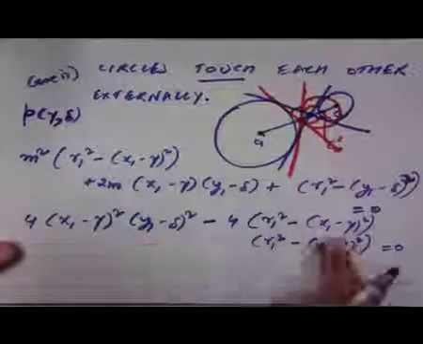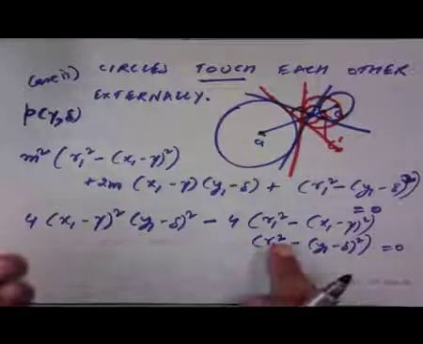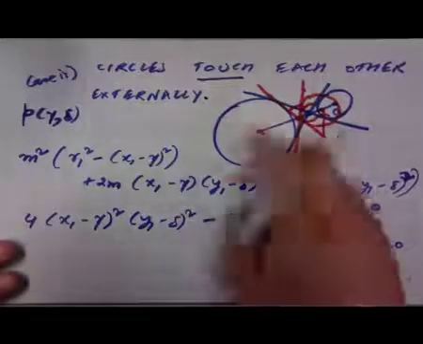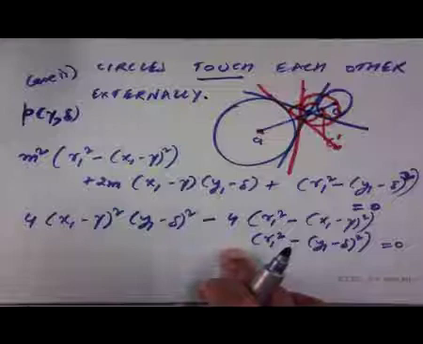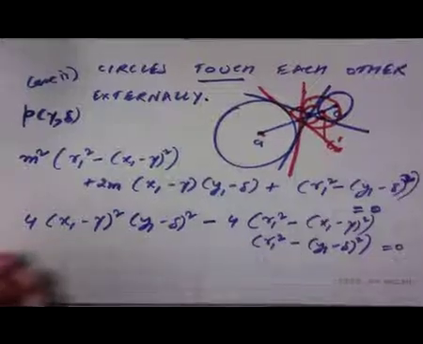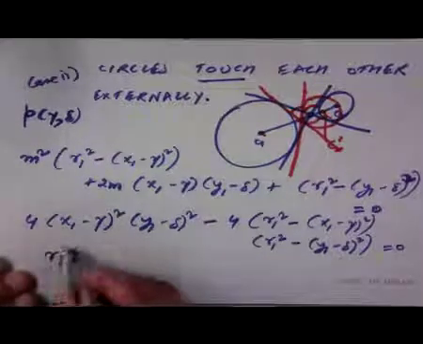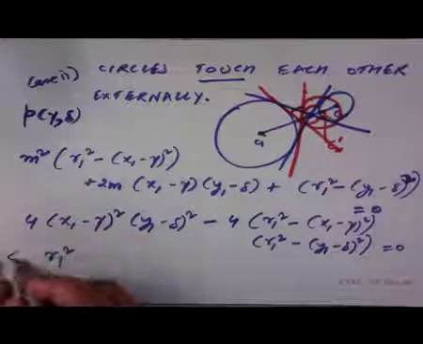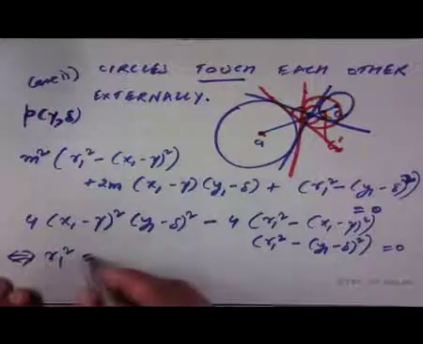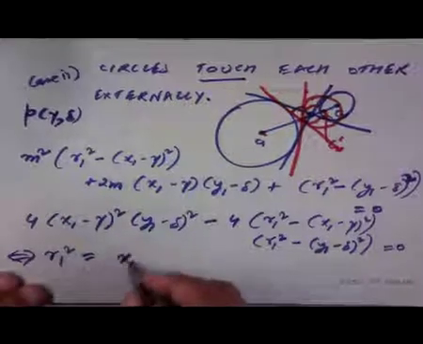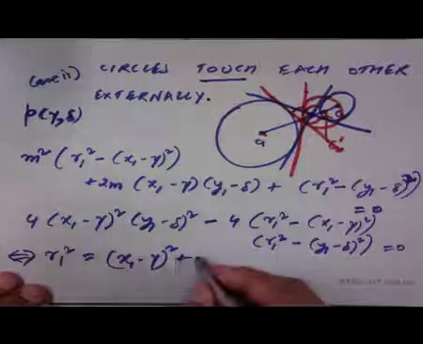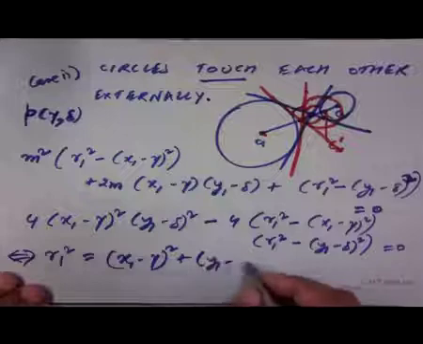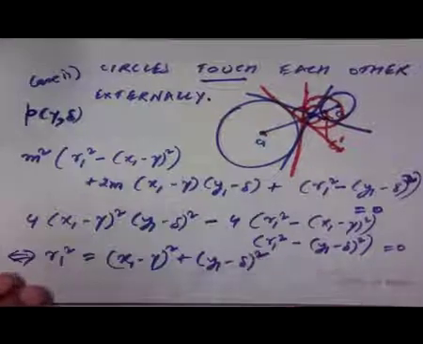If we simplify this further, because the radius of the first circle is not 0, we will get that this condition is the same as the condition that r1 square is x1 minus gamma whole square plus y1 minus delta whole square.